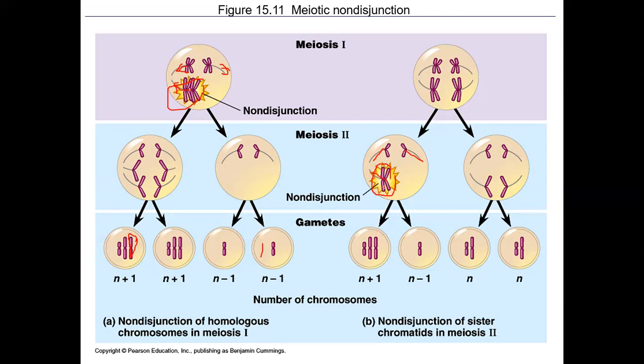You end up with two big chromosomes in these cells, and no little chromosome, only one little chromosome in this one. That extra chromosome can cause all sorts of problems. And this one, of course, is missing a whole chromosome. If this is an egg that gets fertilized, it could be a problem. That's non-disjunction.